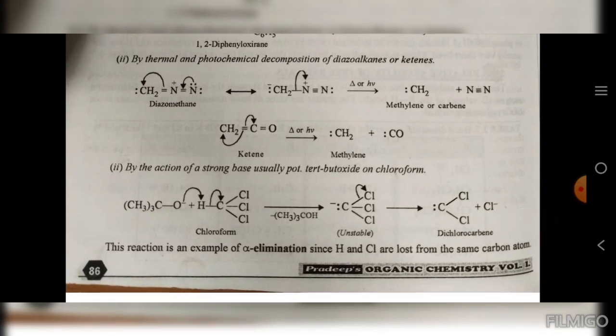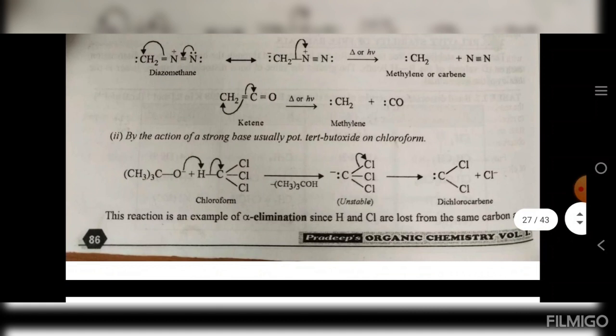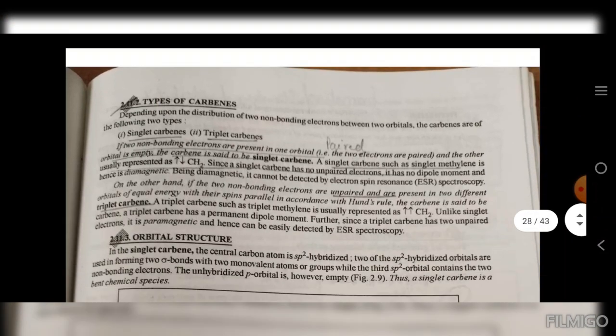By thermal and photochemical decomposition of diazoalkanes or ketenes: diazomethane gives methylene or carbene; ketene gives methylene. By the action of a strong base, usually potassium tertiary butoxide, on chloroform: chloroform gives unstable dichlorocarbene. This reaction is an example of alpha elimination since H and Cl are lost from the same carbon atom.